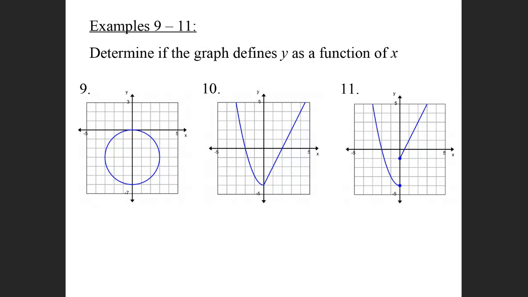Okay, let us make sure you understand this principle. So I'm going to ask you again, which of these graphs represent a function? Concentrate on 11.